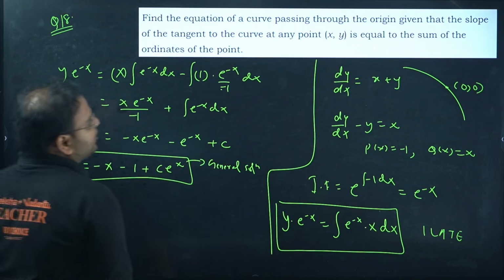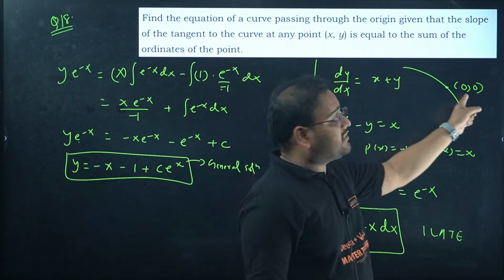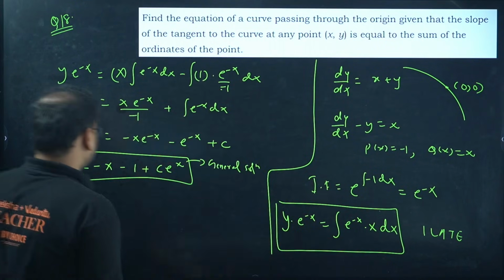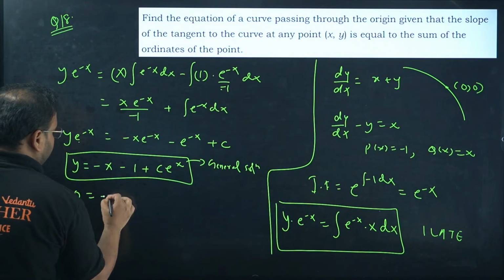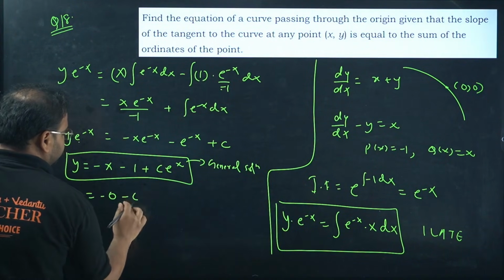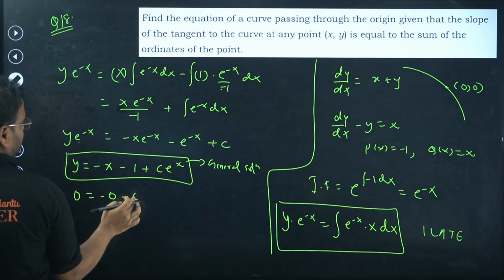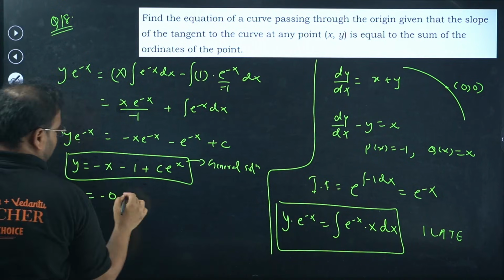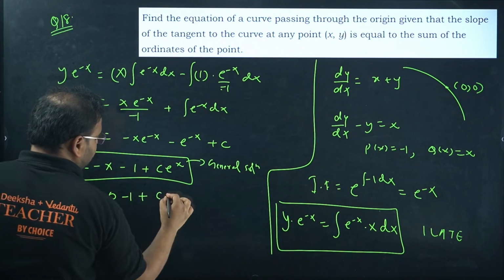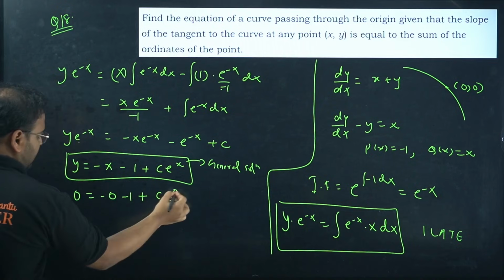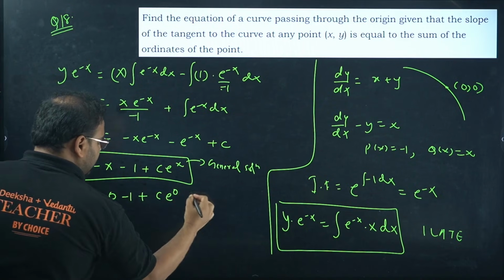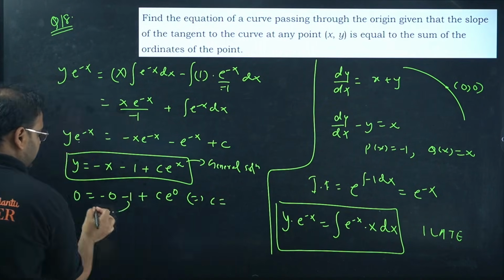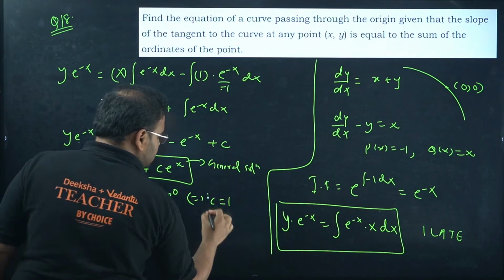Now substitute the value: the curve passes through the origin, meaning (0, 0) satisfies the curve. So put it there: 0 equal to minus 0 minus 1 plus c times e power 0, and this is going to be 1 only. From here I get c equals 1.